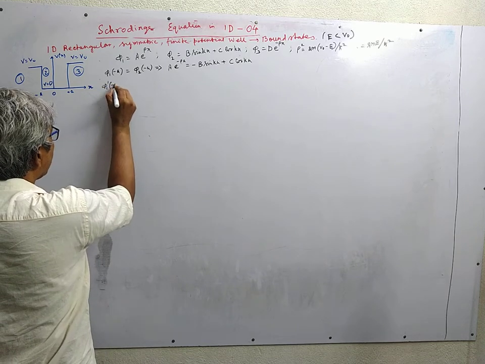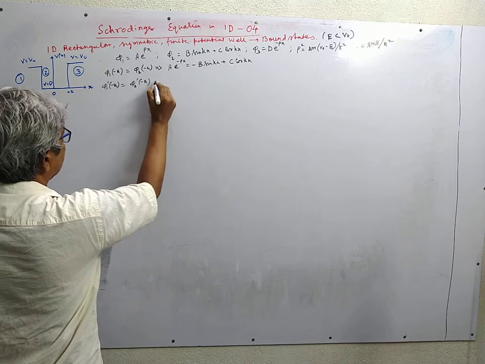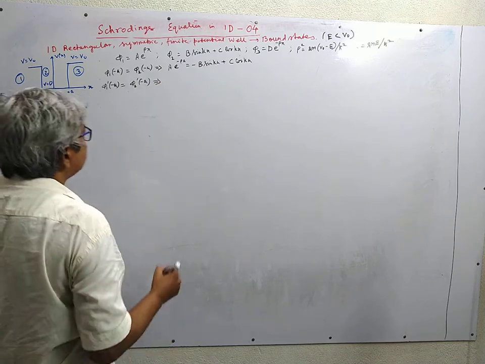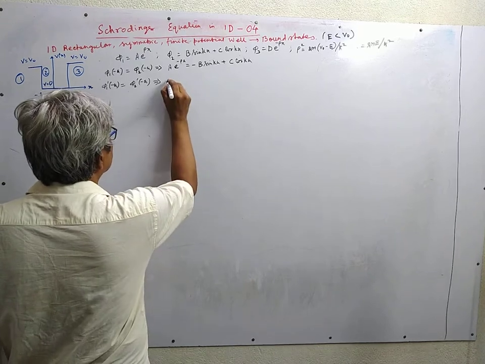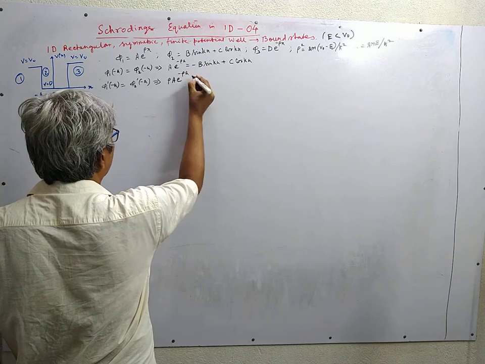Phi 1 prime at minus a is equal to phi 2 prime at minus a. This is rho A e to the power minus rho a.